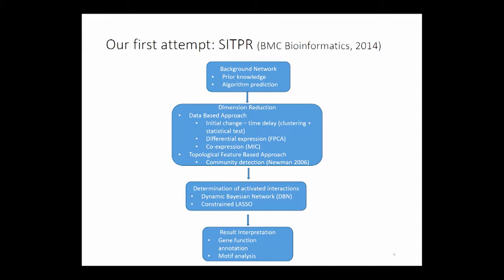We came up with a very complicated pipeline. We did lots of things. We incorporated biological prior knowledge. We did dimension reduction, and then we used the dynamic Bayesian network model combined with the constrained lasso method. And eventually, we can do result interpretation.